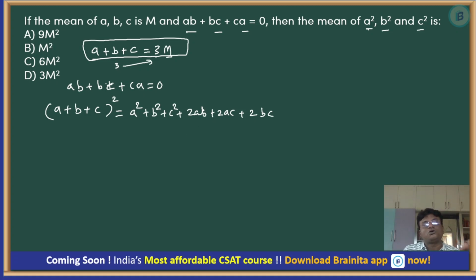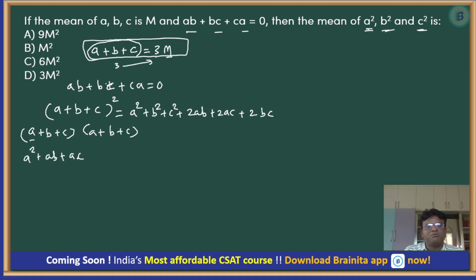Now if you do not know this formula, you still need to understand that because you have to calculate the mean of A square, B square and C square, somewhere you have to square this term. If you don't know this formula, you can simply square it. There is nothing difficult. If you multiply by A, you get A square plus AB plus AC.